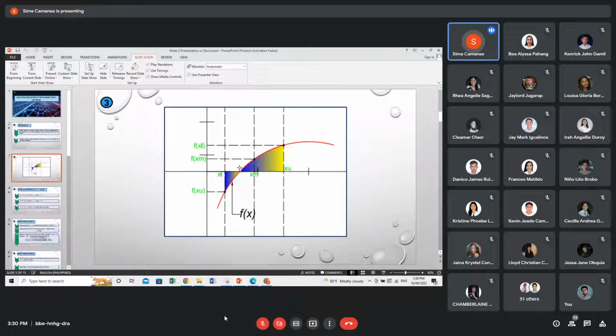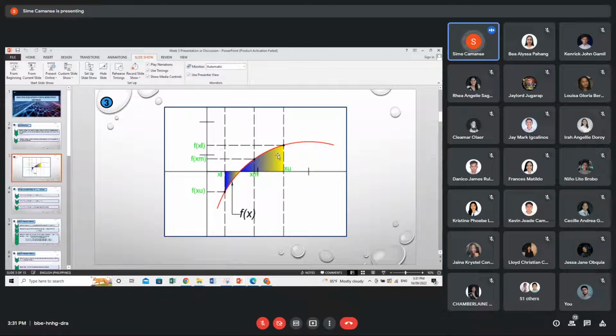So, the first step in the bisection method is to choose xl and xu as initial guesses. But you have to note that the two initial guesses must have changing signs of the function value. Meaning, f of xl will have a positive value while f of xu will have a negative value, or either way.